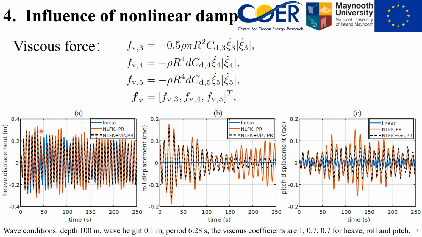In this figure, the heave displacement is given in A, the roll displacement is given in B, and the pitch displacement is given in C. The red curve represents the results without viscosity. In B, the roll displacement without considering the viscosity goes to infinity and the motion is unstable. By considering the viscous force, as shown in the black curve, the roll motion is stabilized.